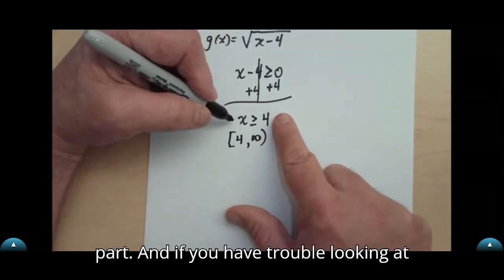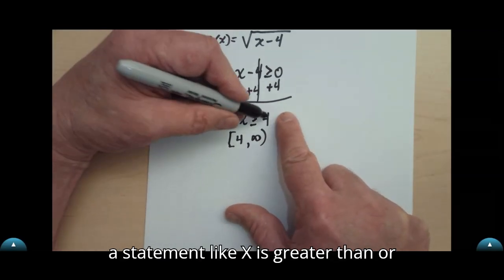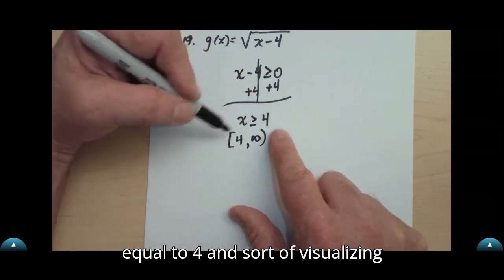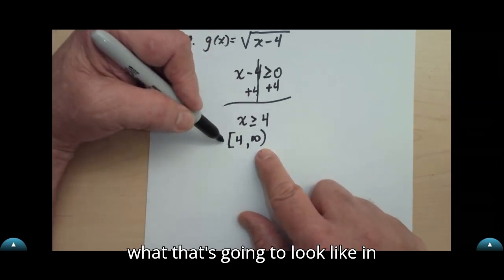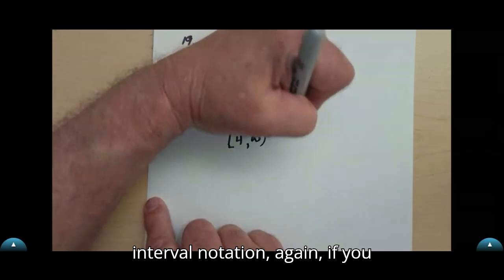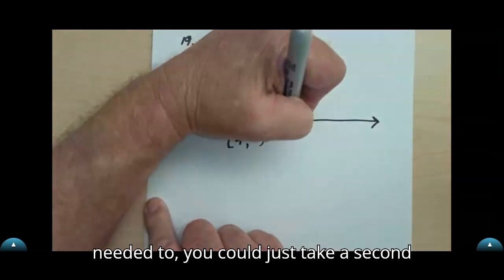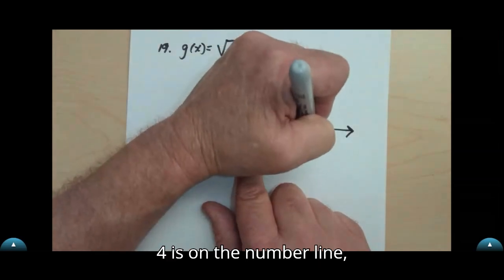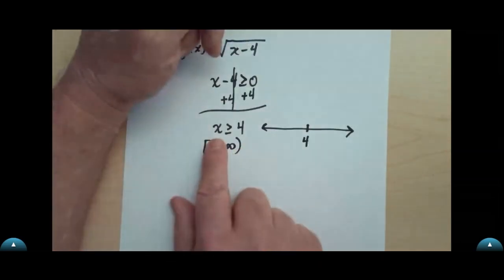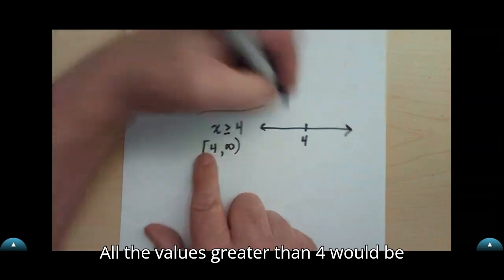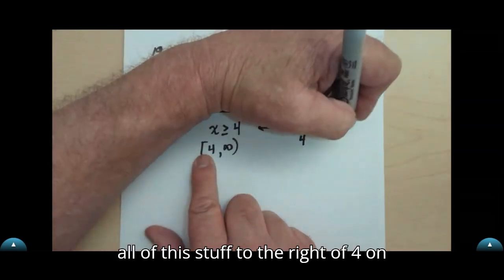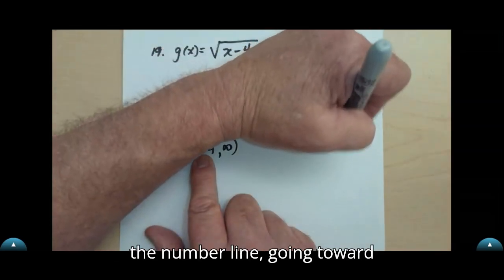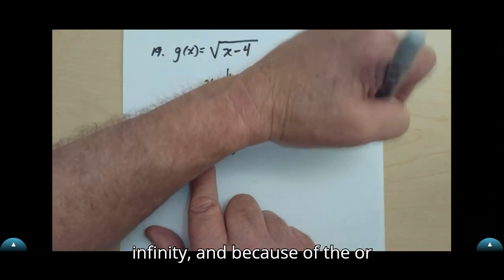And if you have trouble looking at a statement like x is greater than or equal to 4 and sort of visualizing what that's going to look like in interval notation, again, if you needed to, you could just take a second and draw the number line graph. Wherever 4 is on the number line, all the values greater than 4 would be all of this stuff to the right of 4 on the number line, going toward infinity.